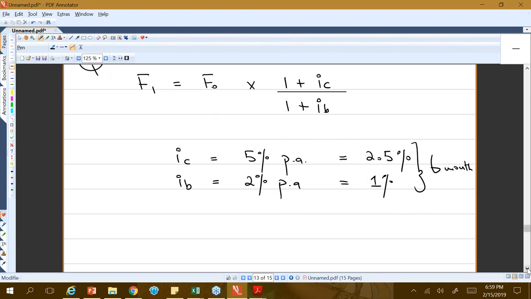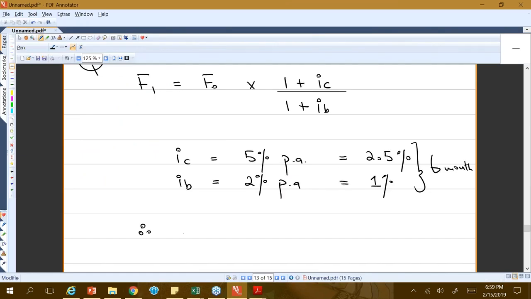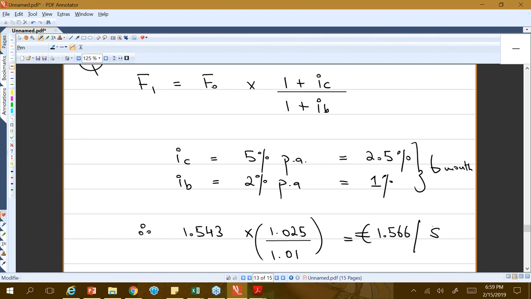Once we've done this, we can take the current spot rate, which is given as 1.543, multiplied by 1.025 over 1.01. So this is our calculation. If I solve this on the calculator, we get the 6-month forward rate, which will be 1.566 per dollar, calculated based on interest rate parity.